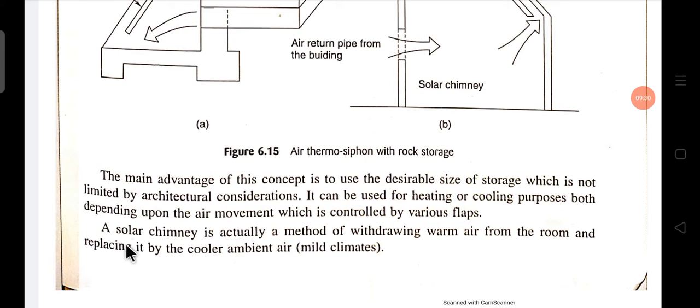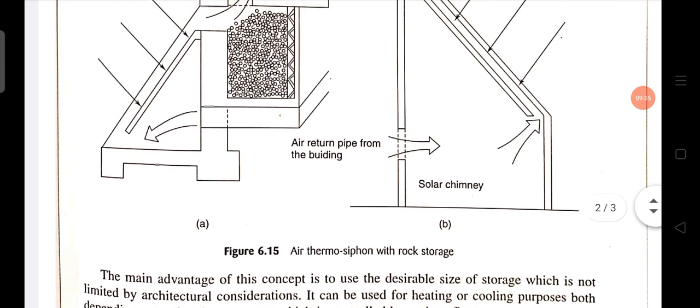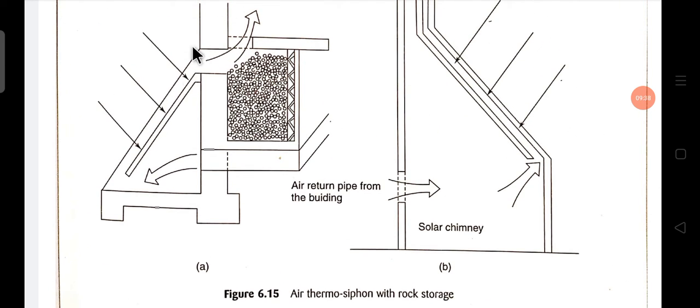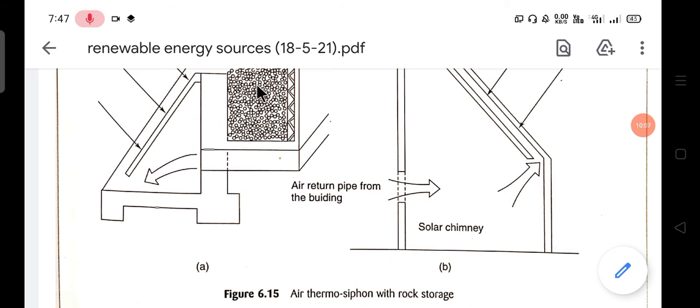With this air thermosiphoning with rock storage, when we don't want so much heat, we can close the vent or control the airflow so that we can reduce the heat flow.